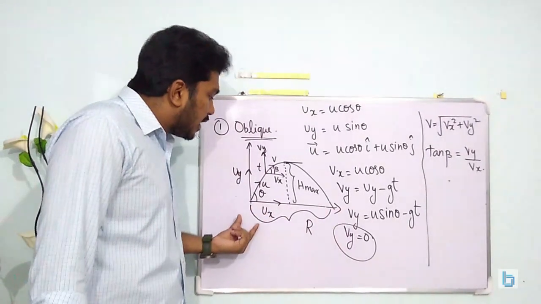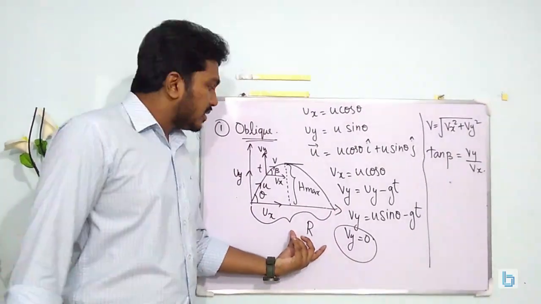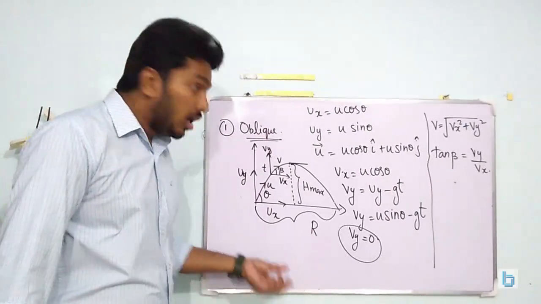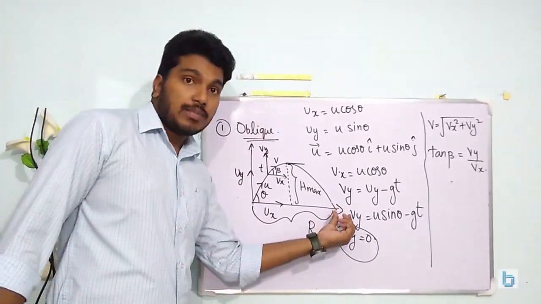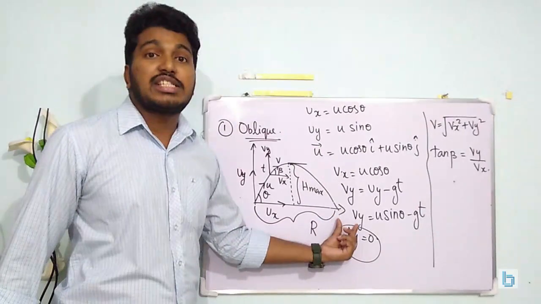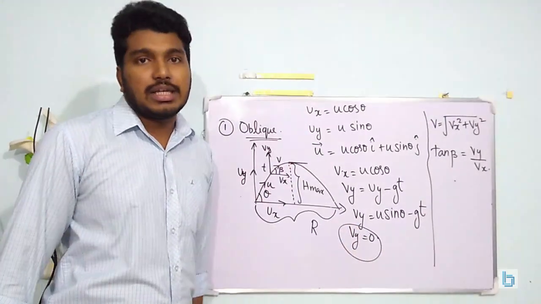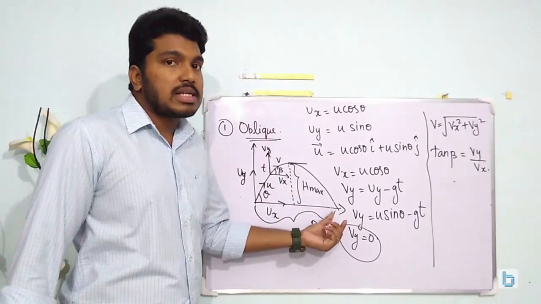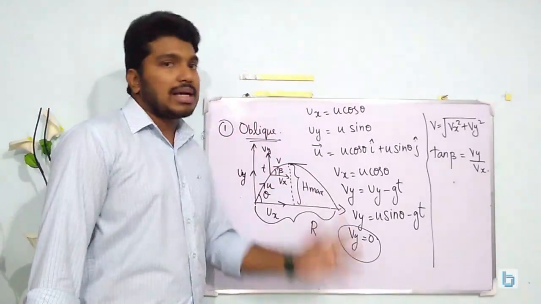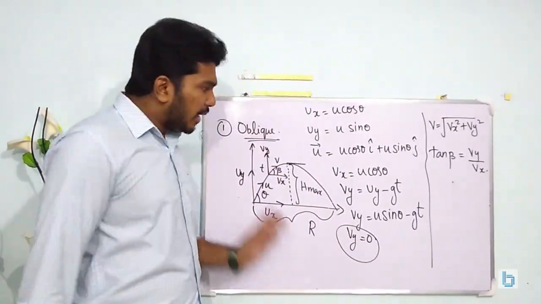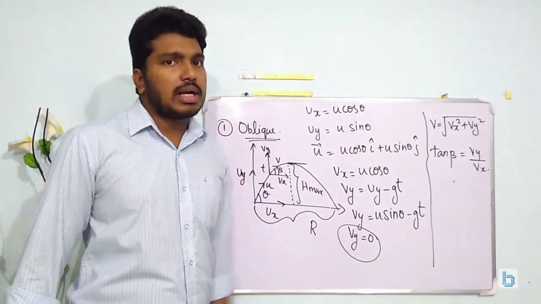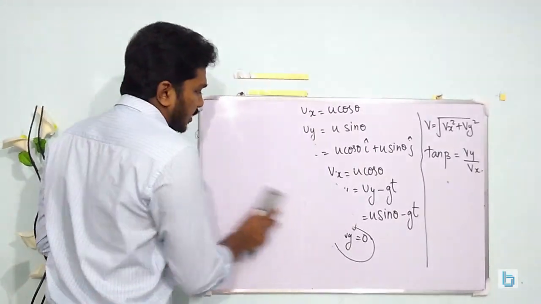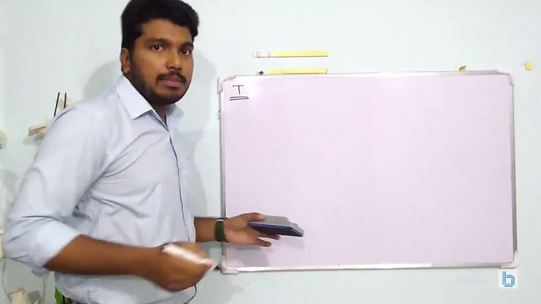And the time taken from the point of projection to the point it hits the ground is known as time of flight. The range is the maximum horizontal distance, the time taken is the time of flight, and this is the maximum height. Now we will see the equations and corresponding conditions. First, we are going to see time of flight, capital T, which represents time of flight.